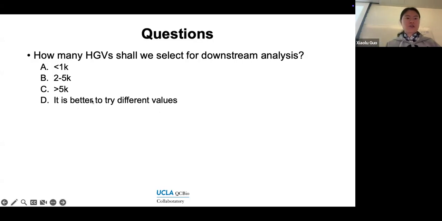So it's better to try different values, and also to test whether your final conclusion is consistent even if you choose different values, or very sensitive to what set you chose. Okay, next.